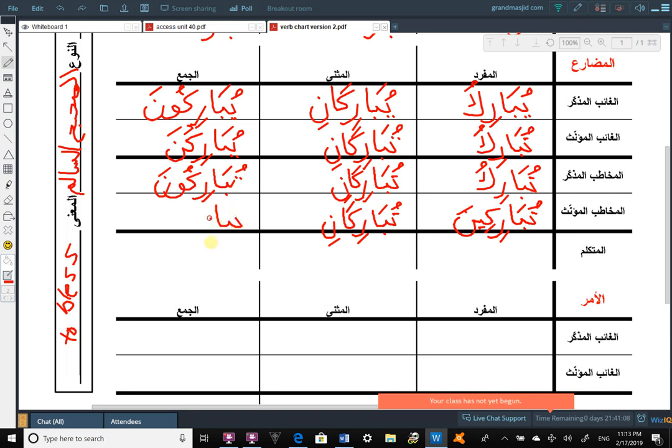Tubarikna. And then we add my present tense letter for ana, ubariku. And then these two are the same. We add the present tense letter with the dhamma, nubariku. Nubariku.